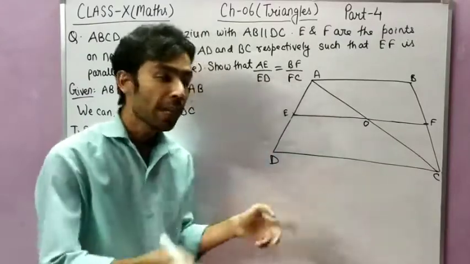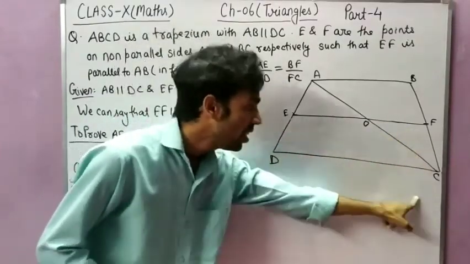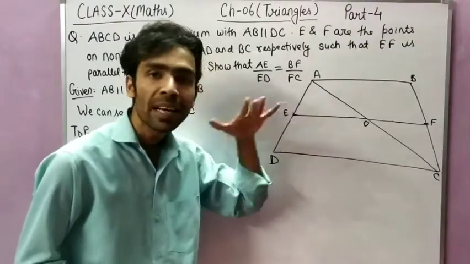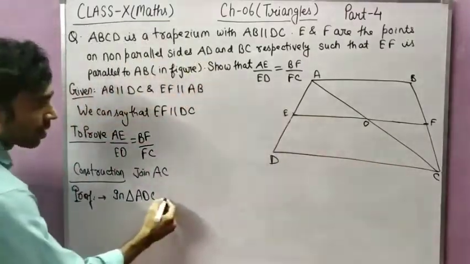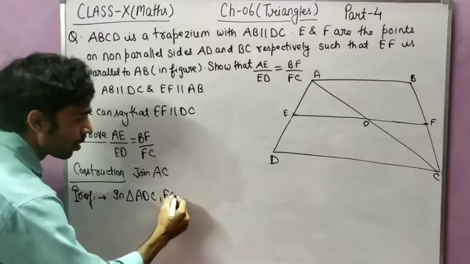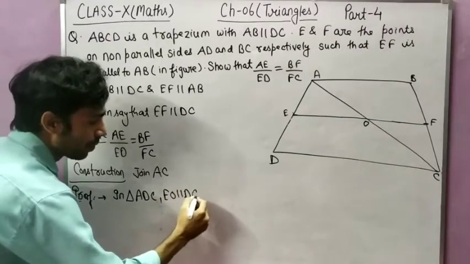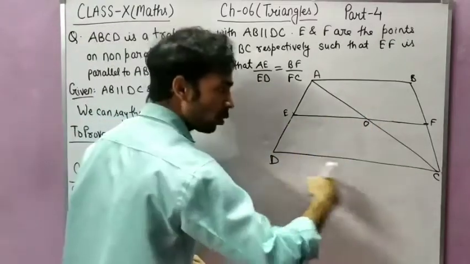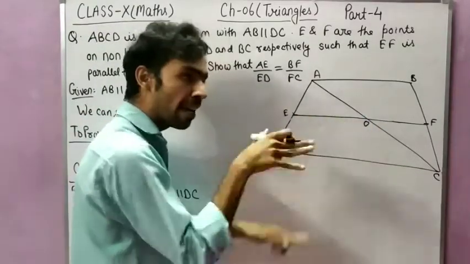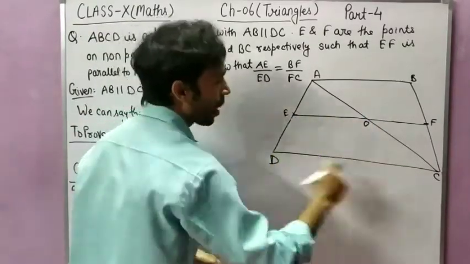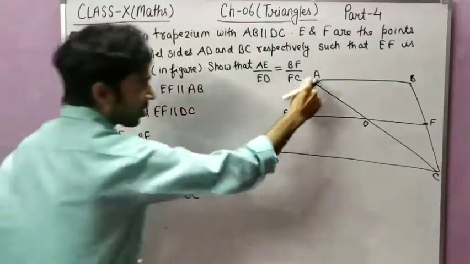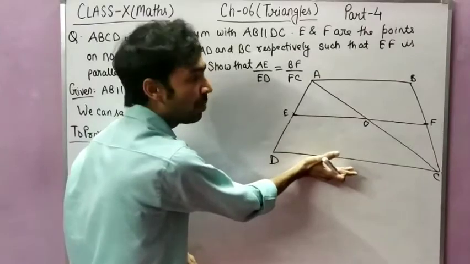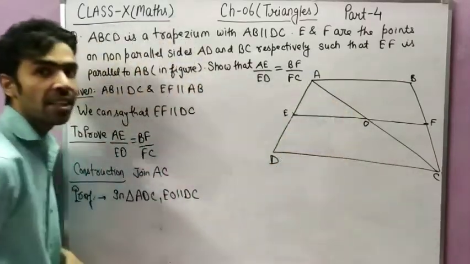So if EF is parallel to DC, then EO will also be parallel to DC, because EO is lying on EF. Why? Because EF was parallel to DC and EO is lying on EF, hence EO will also be parallel to DC. So in a triangle, a line drawn parallel to one side divides the other two sides in the same ratio.